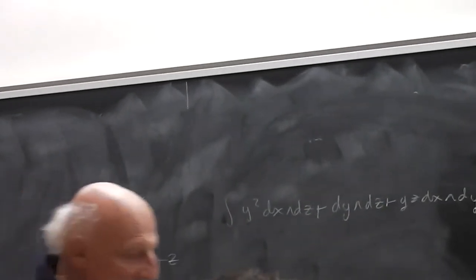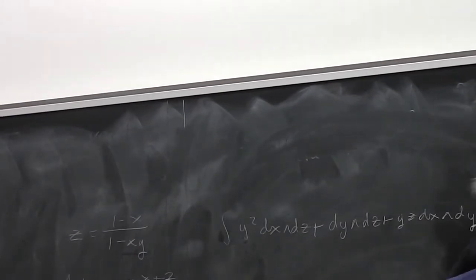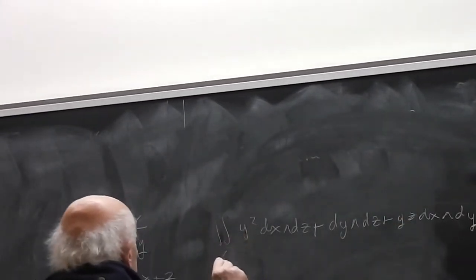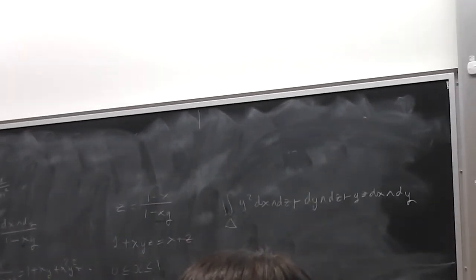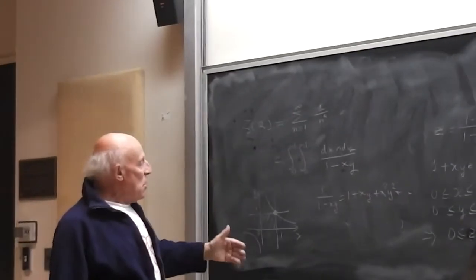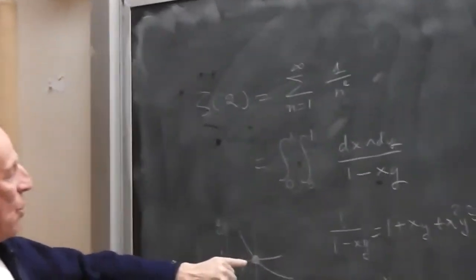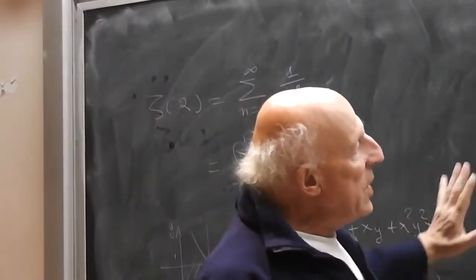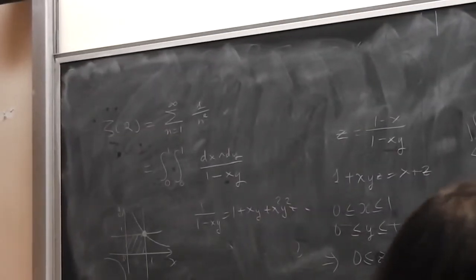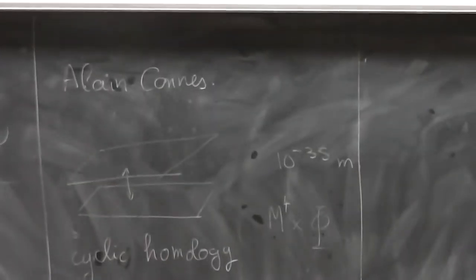And, okay, that's a trick. A double integral of this kind over some domain of integration, which is called delta. So the point is that zeta 2 can be reduced by this trick, which corresponds geometrically to blowing up this singular point. It's a well-known procedure in algebraic geometry. You reduce it to an integral of a form which has no singularity over a domain which is compact, real, in the real domain. Okay.